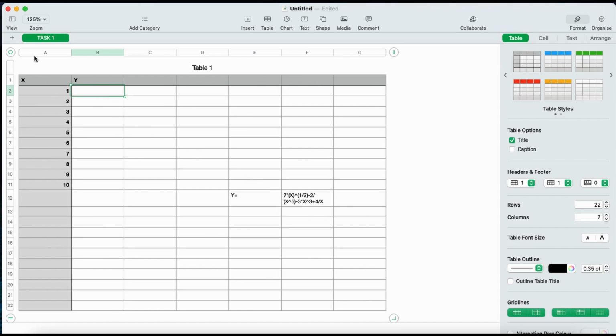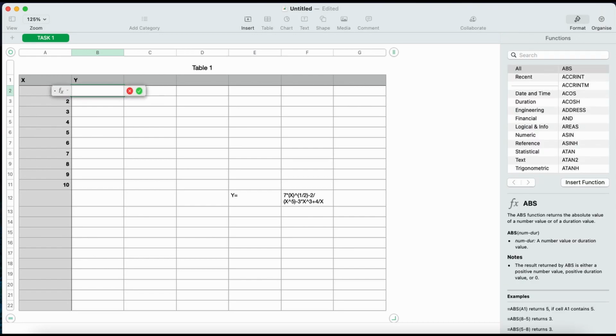So we have to insert this formula and evaluate the expression. This is equal to function of x.